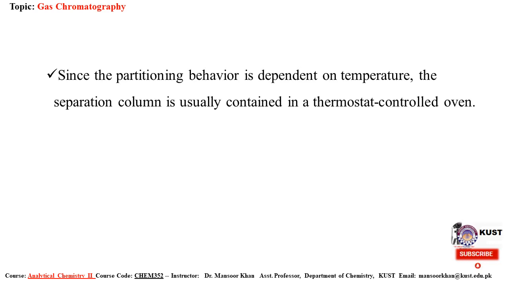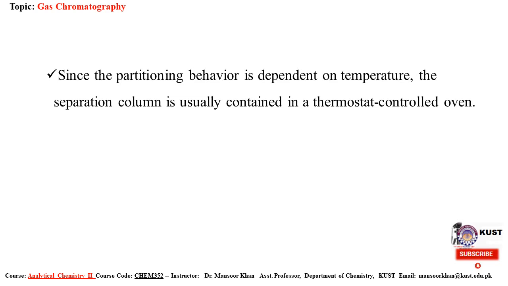As we have mentioned earlier, the column is present inside the oven, where the oven provides a higher temperature to the column, to avoid the volatile substance being converted again into its liquid or solid form. So higher temperature is needed throughout the separation procedure.